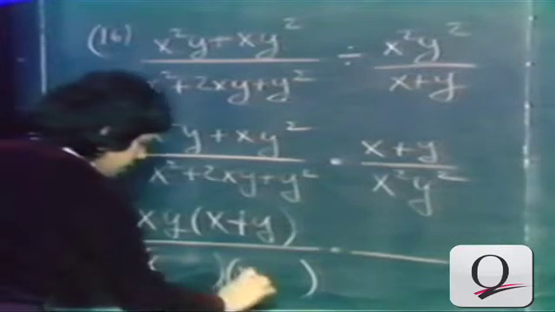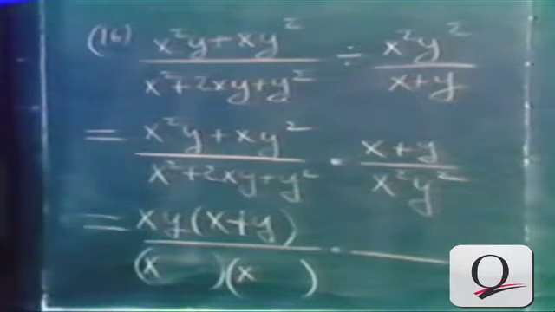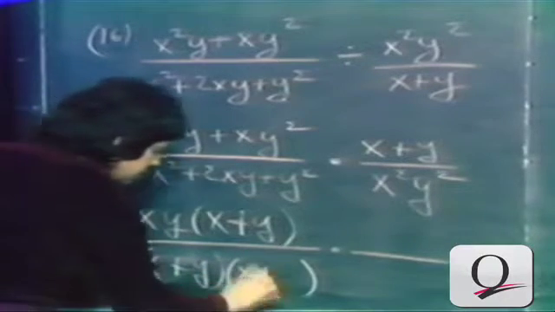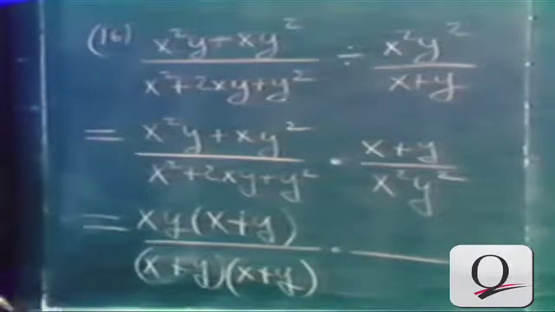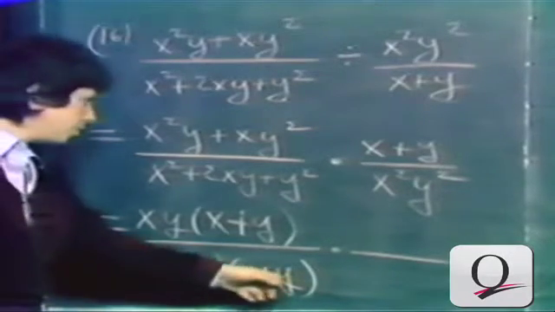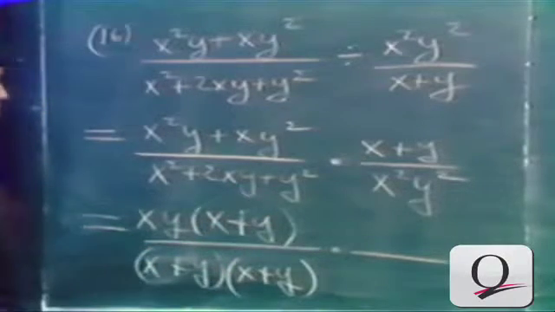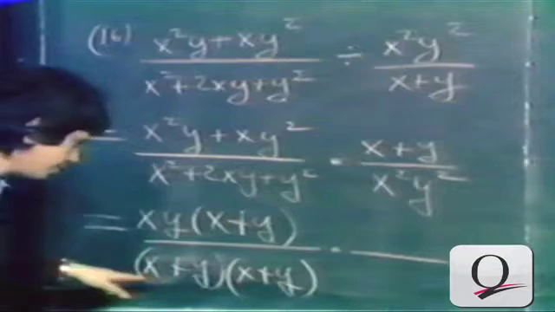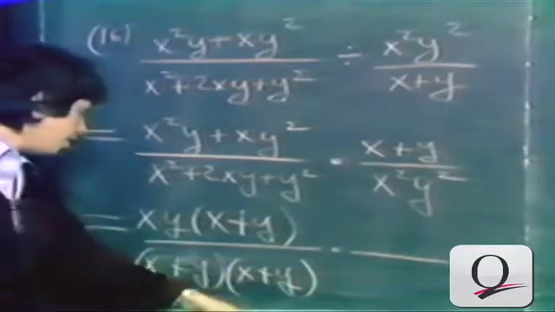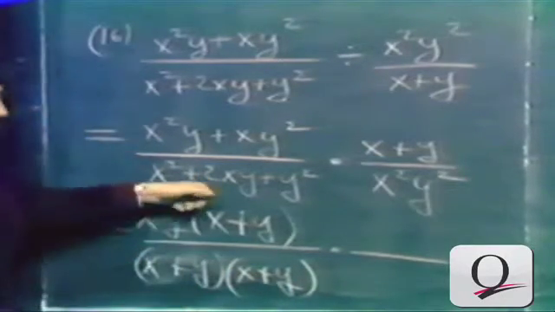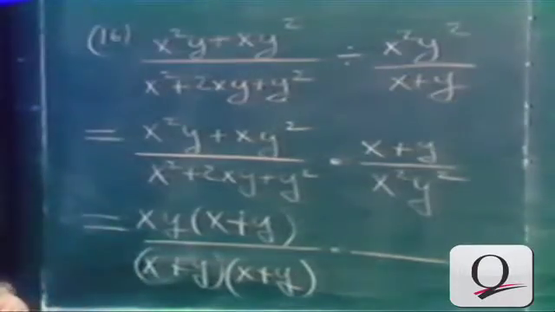Instead, we write this as x plus y times x plus y. Think of looking for two numbers which multiply to y squared and add to the 2y, following what we used to do. So it's x squared plus xy for the plus 2xy plus y squared.